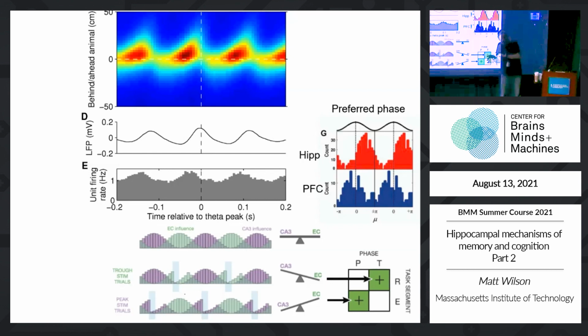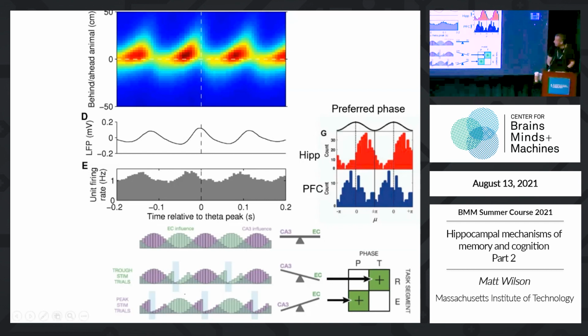So the idea is that now you have a different circuit, CA3, which is providing future state information, that then correlates with CA1 expressing future state information. Those phases are the ones that the prefrontal cortex would prefer to use when it's actually making decisions.